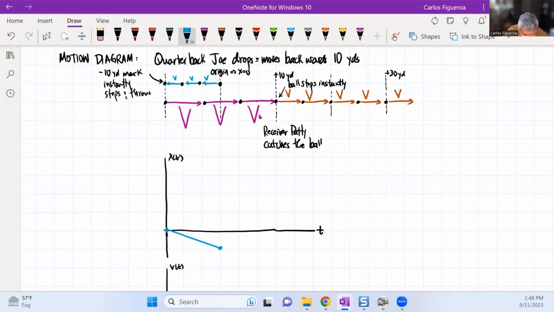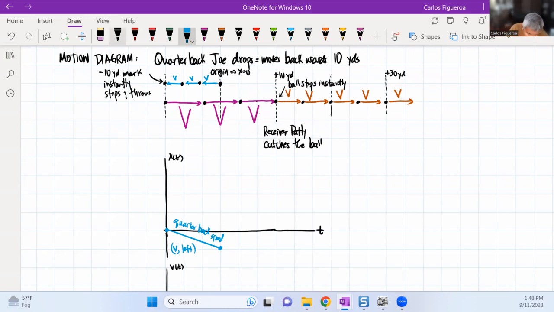Right here, you're seeing that this is the ball moving back with the quarterback. So this is effectively the quarterback's speed. What's it going to be? It's going to be about this big, and it's going to be left. That's what that slope is telling me.